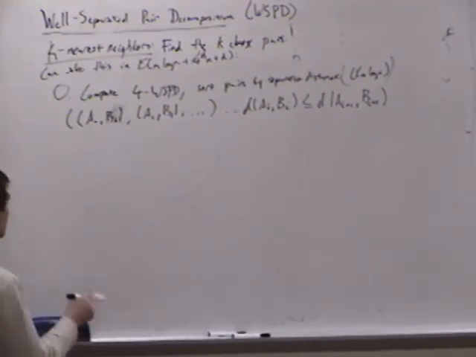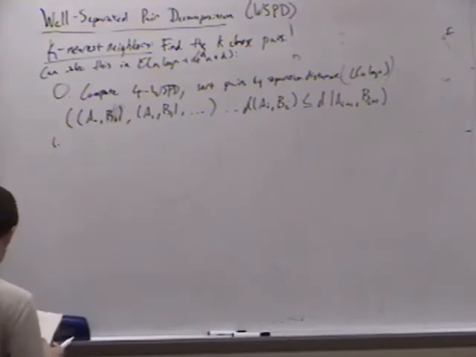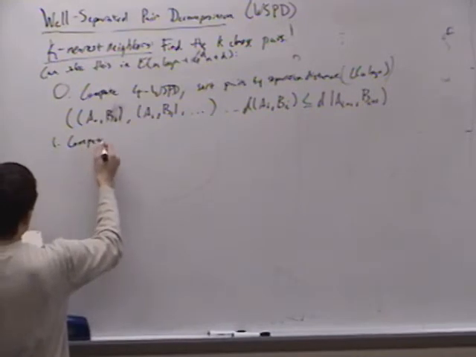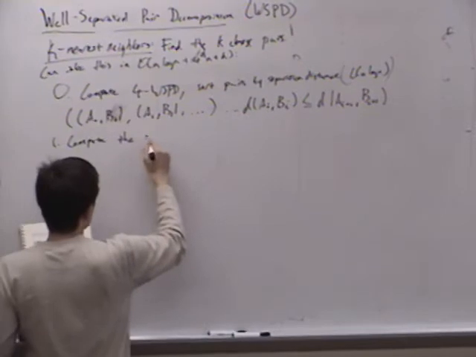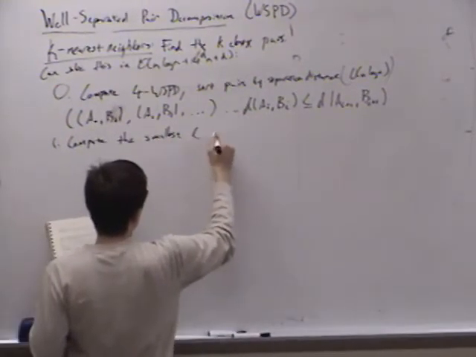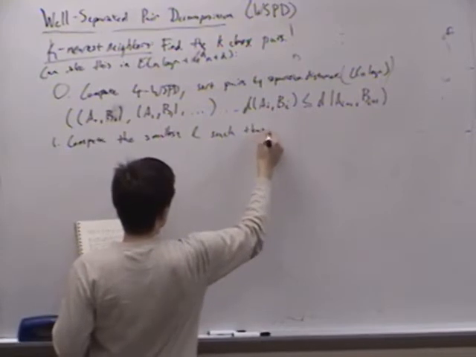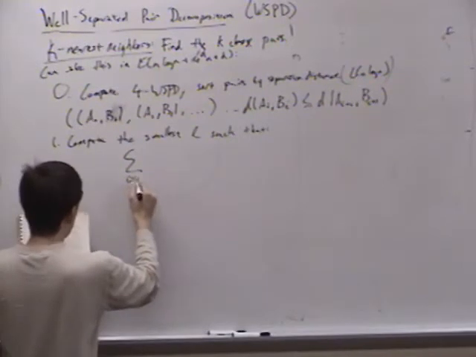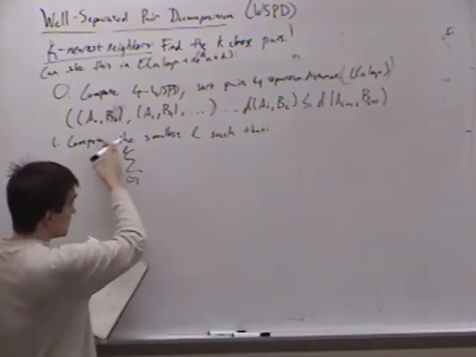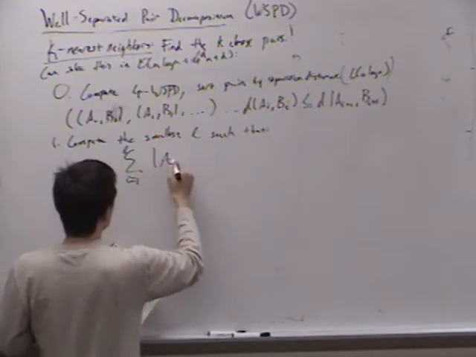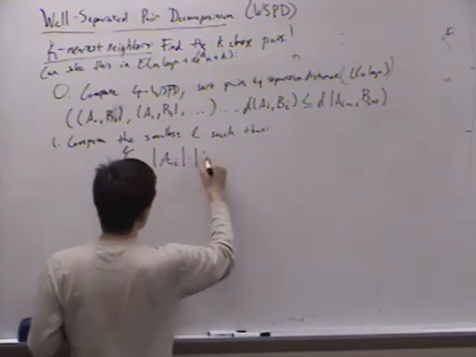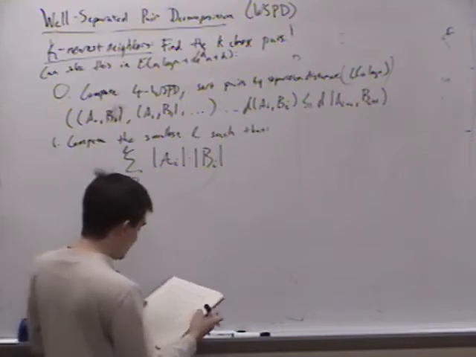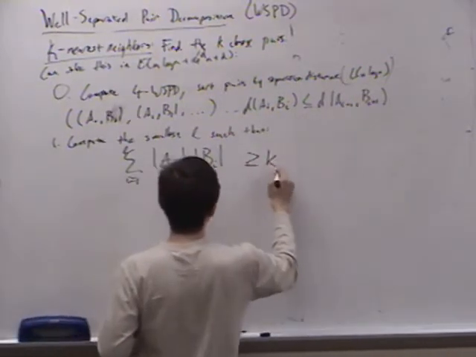We're going back to the AI's, BI's here. Compute the smallest L such that the sum from I equal 1 to L, so we're going to sum up the first L pairs in this sorted list of the cardinality of AI times the cardinality of BI, the number of pairs contained in the first L elements, is greater than or equal to k.